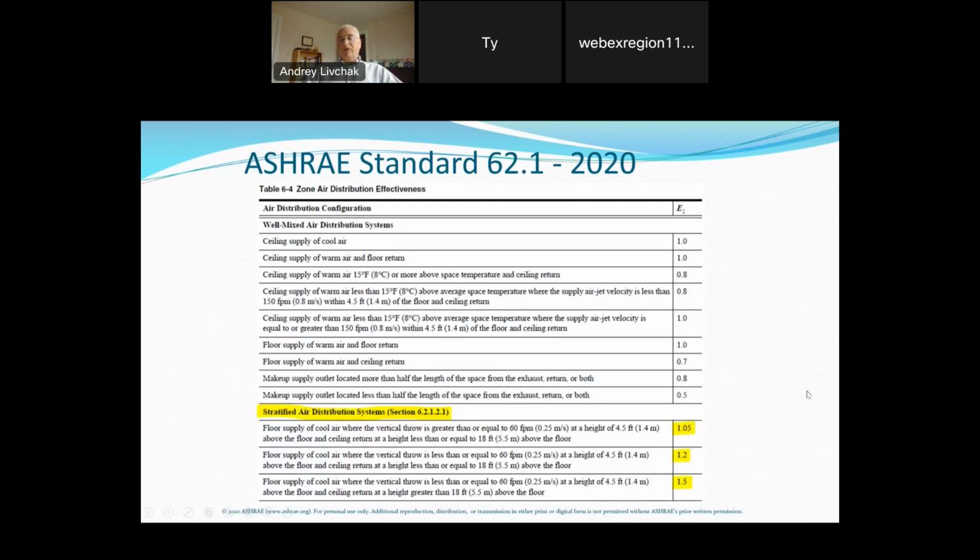In other words, you need less outside air to provide the same condition in the space compared to a mixing system. In Table 6-4, the air distribution effectiveness for a stratified system varies from 1.05 to 1.5.